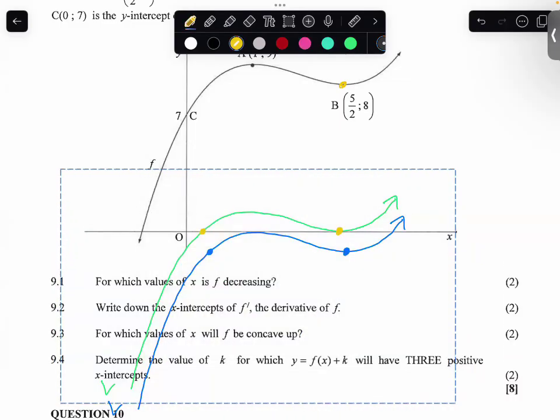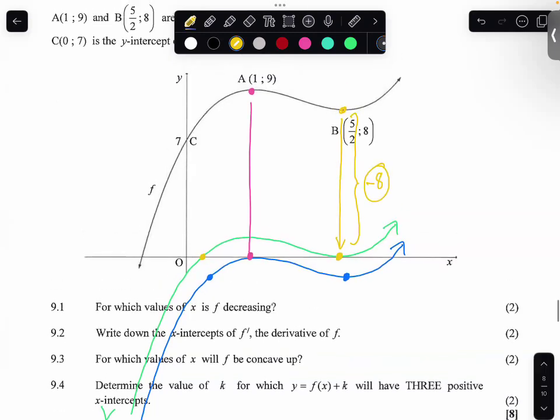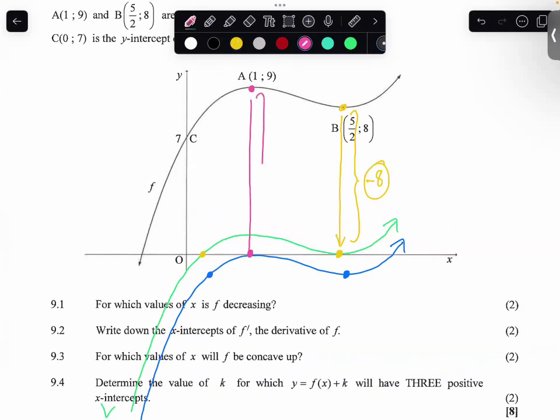Right. So this was the first turning point coming down. This is the second turning point coming down. Right? This was a translation 8 units down. And this was a translation 9 units down.